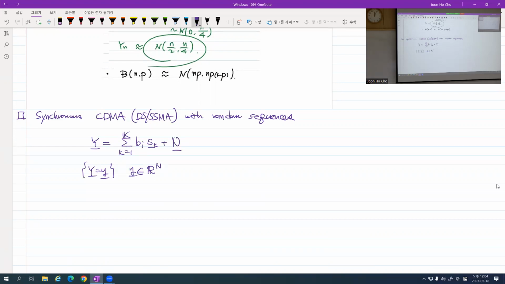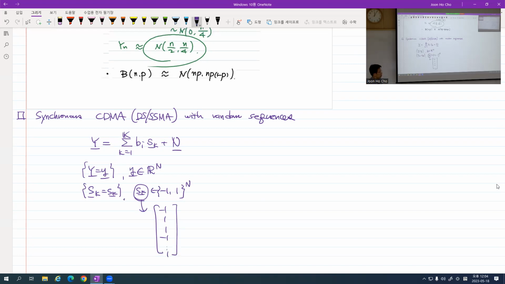And here, s_k is a random vector actually, where s_k is either -1 or +1 with vector length n. So this one is, for example, something like this.